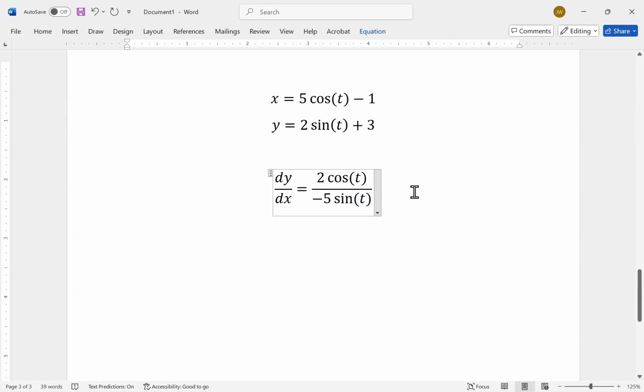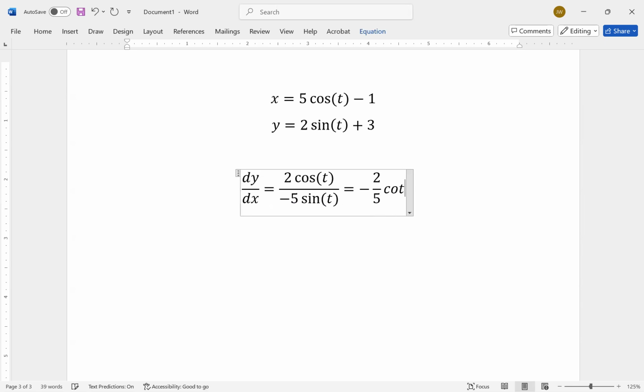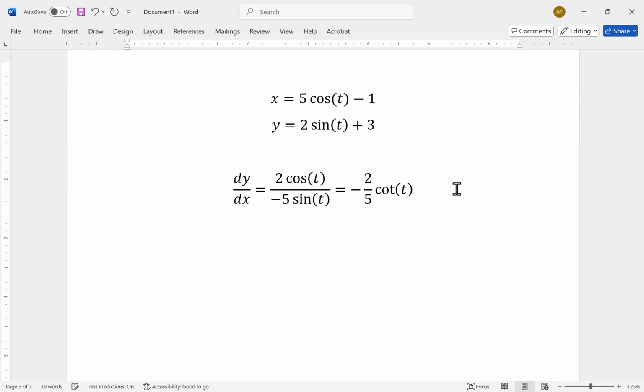Now, I could leave it like that, but for the sake of the next step, cosine over sine is cotangent. And I'm going to rewrite that as cotangent for the sake of finding the second derivative, because it'll be easier to find the second derivative if I write it that way.